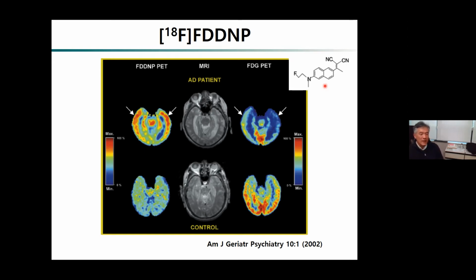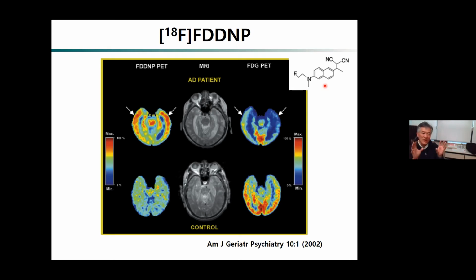This F18 FDDNP was developed by UCSF. That compound targets the amyloid plaque and also tau, the abnormal tau protein. But as you know, if we develop a radiopharmaceutical that targets only one disease target, it is better.